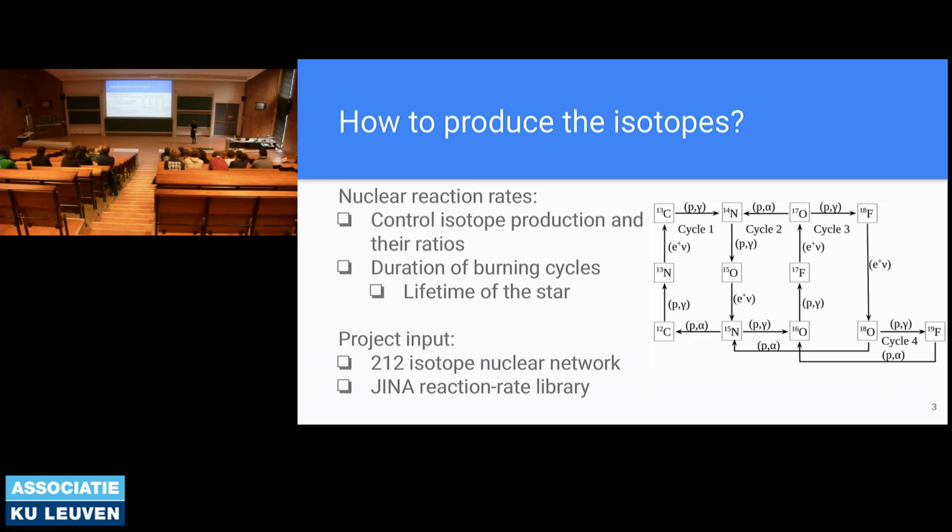So for this entire project, we put 212 isotopes in the nuclear network, because we want to look at what happens inside, what produces what is interconnected, and to do this properly, we need a lot of isotopes. And for the reaction rates, we use the latest version of the GNR reaction rate library, though there are many different libraries out there that you could use.